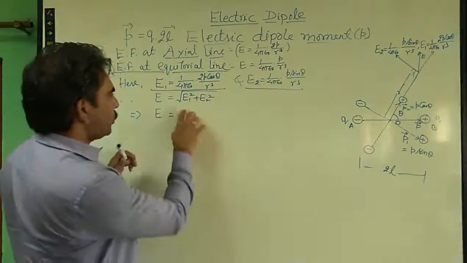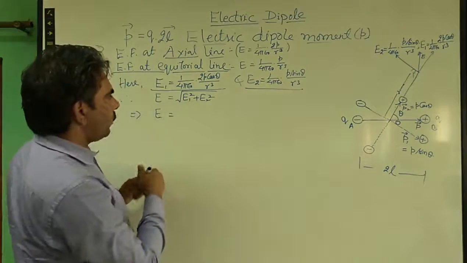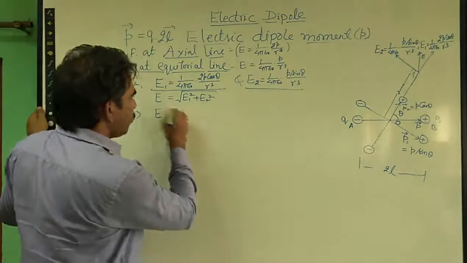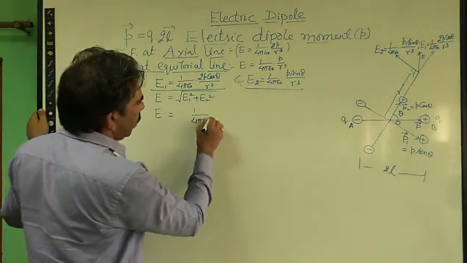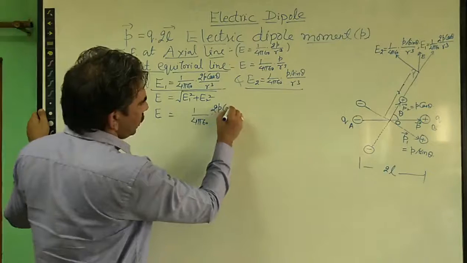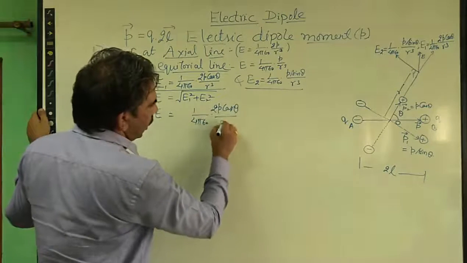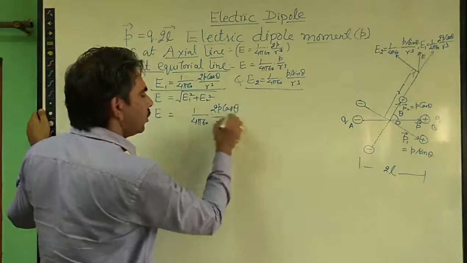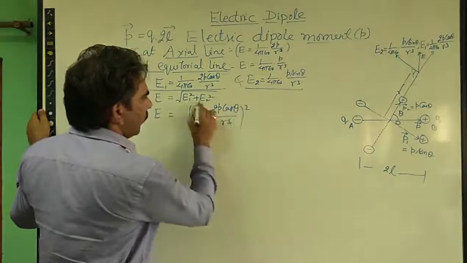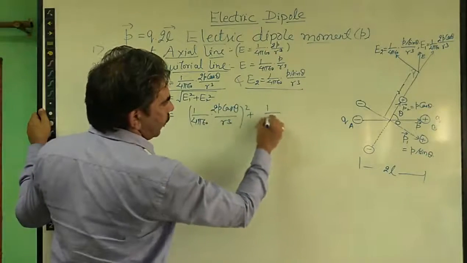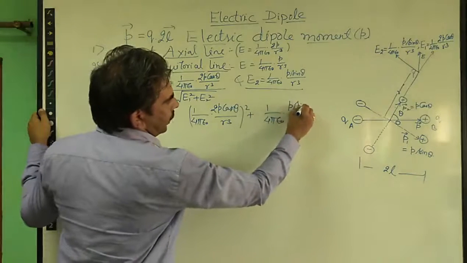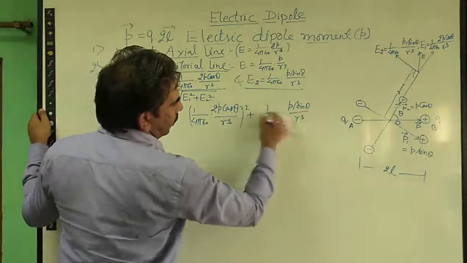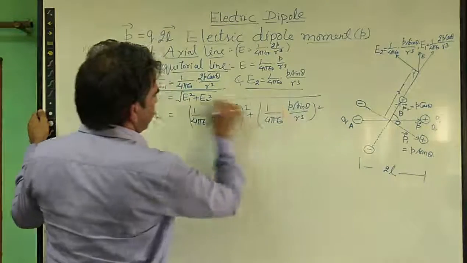If we substitute the values of E1 and E2 here, what do we get? E1 squared is 1 upon 4 pi epsilon naught into 2P cos theta upon r cube, squared, plus E2 squared, which is 1 upon 4 pi epsilon naught into P sin theta upon r cube, squared, all under root.